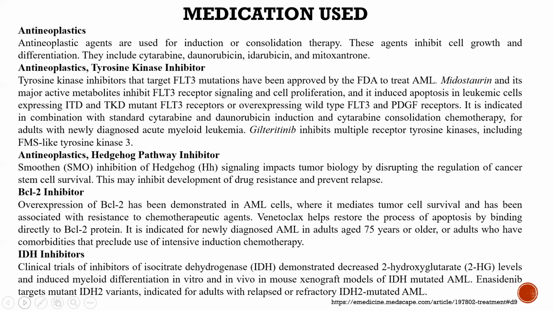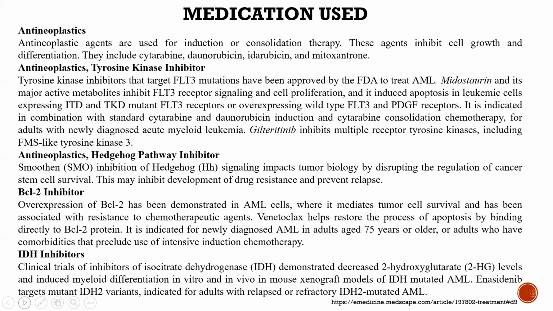Antineoplastic Hedgehog pathway inhibitors: smoothened inhibition of Hedgehog signaling impacts tumor biology by disrupting the regulation of cancer stem cell survival. This may inhibit development of drug resistance and prevent relapse. BCL2 inhibitors: expression of this type of molecule has been demonstrated in acute myeloid leukemia cells, where it mediates tumor cell survival and has been associated with resistance to chemotherapeutic agents.